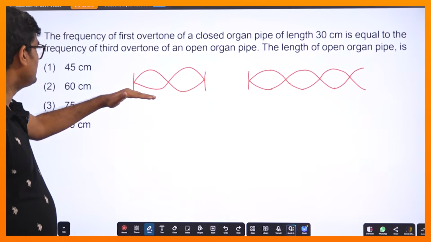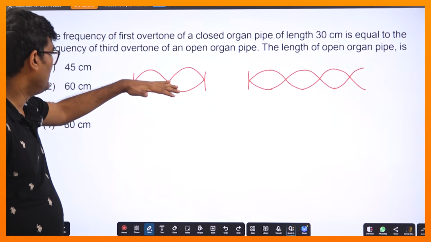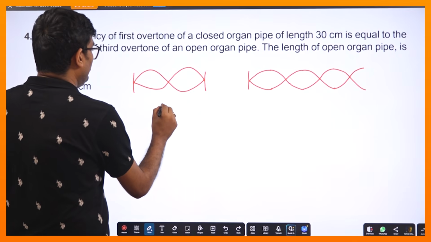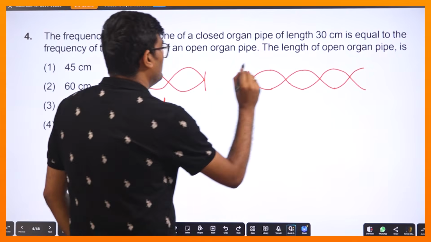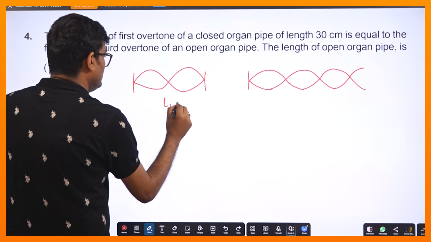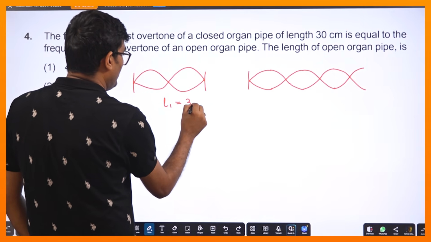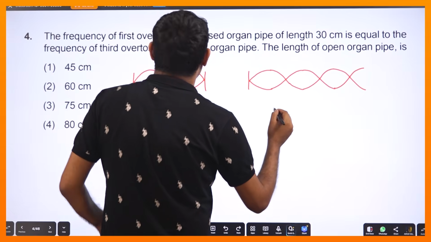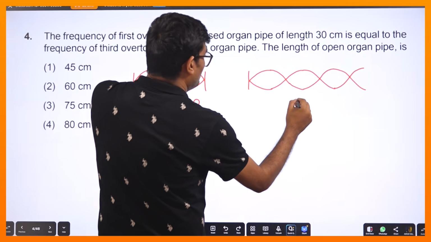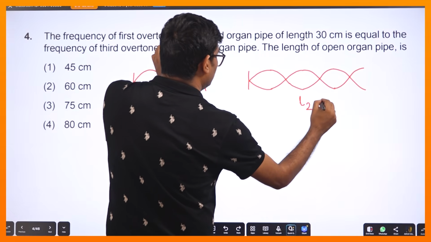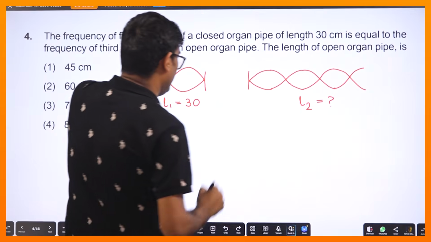If the closed organ pipe length is L1, which is 30 centimeter, and the length of the open organ pipe is L2, I have to calculate that.